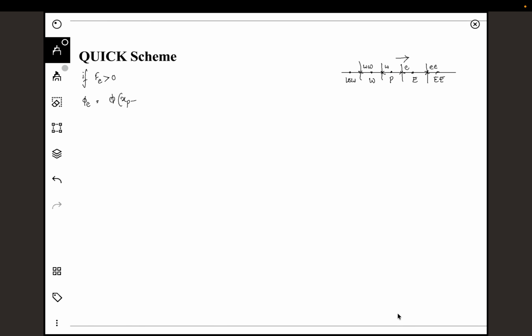So I'll write it as xp plus delta x by 2. This will become phi p plus delta x by 2 del phi del x. Instead of stopping here, we'll add one more term so that it will become a third order accurate scheme.